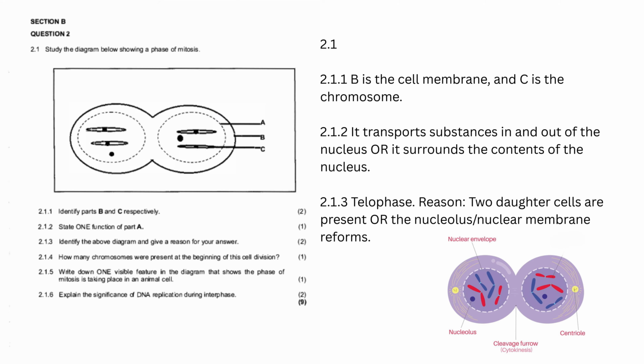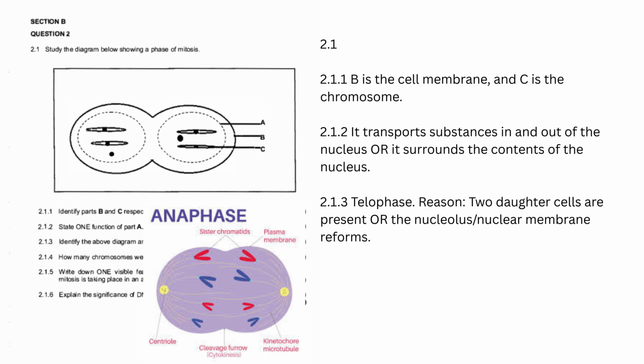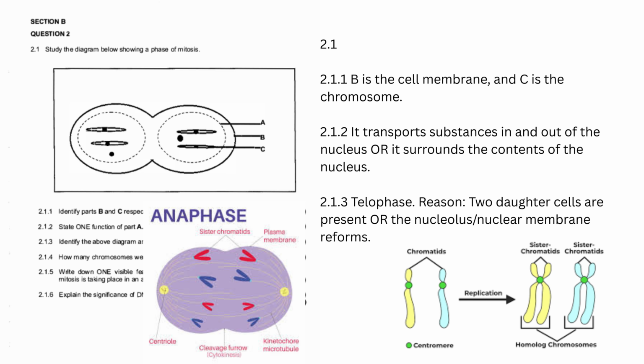And what happens at telophase? Okay, so let's go step by step, okay? Remember, before telophase comes the stage where the sister chromatids separate. Each one of the two parts of the X shape is called a chromatid, okay?